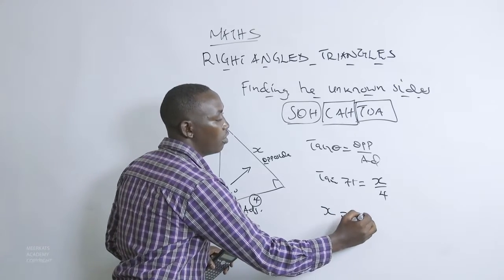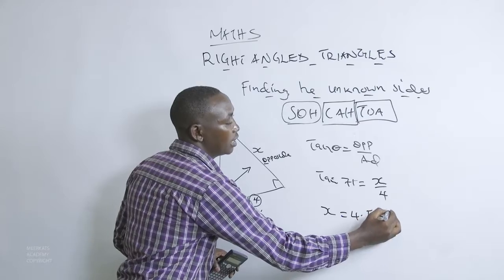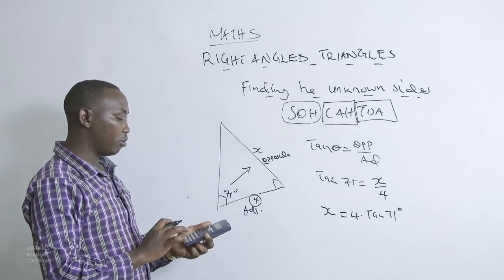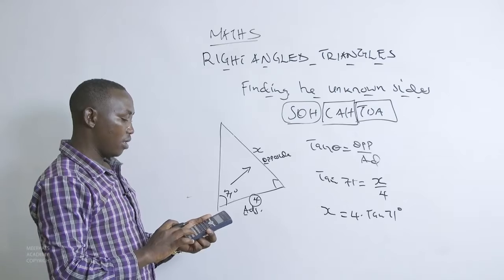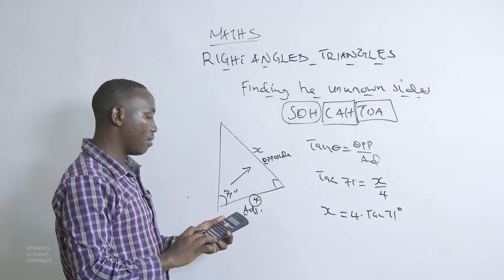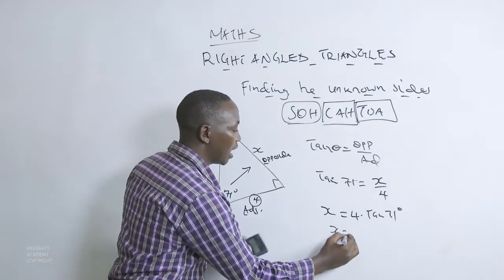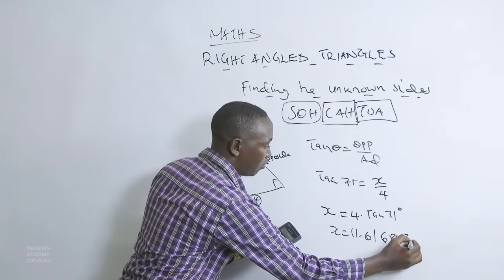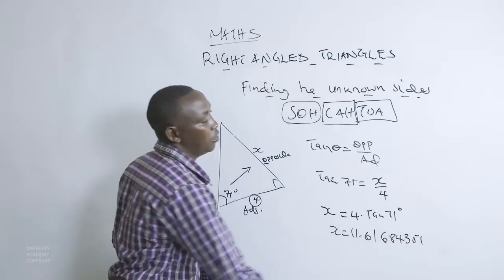Therefore, x will be 4 multiplied by the tan of 71 degrees. So from your calculator, again you press tan of 71, you'll get 2.9042. You multiply by 4, which will give us x to be 11.61684351 units.